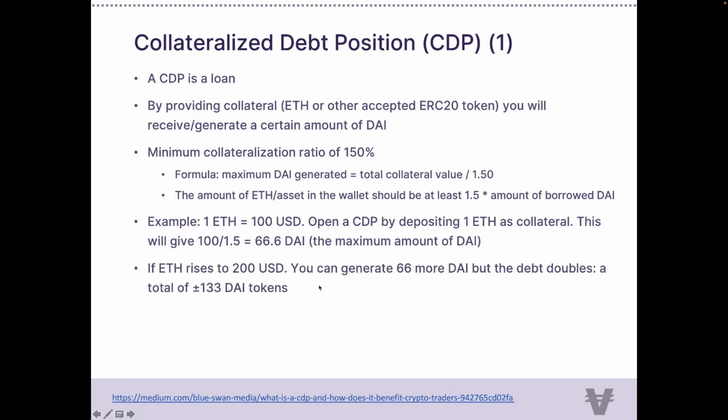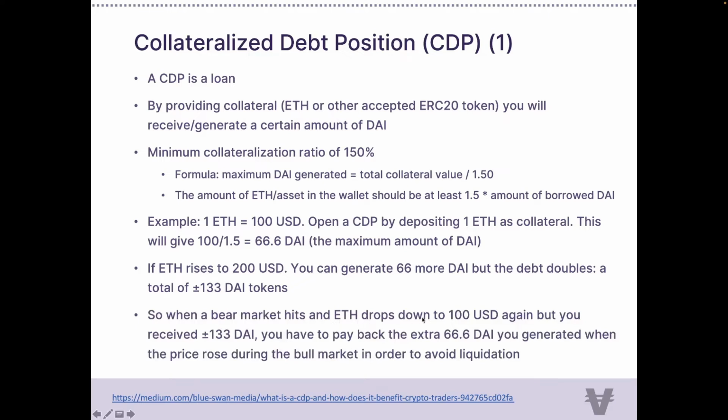If ETH rises to $200, you can generate 66 more DAI, because then the total collateral value would be $200, divided by 1.5, which gives you a total of 133 DAI tokens. But then the problem, of course, starts during a bear market.